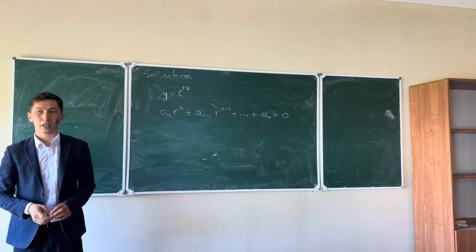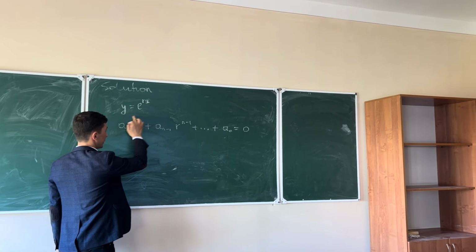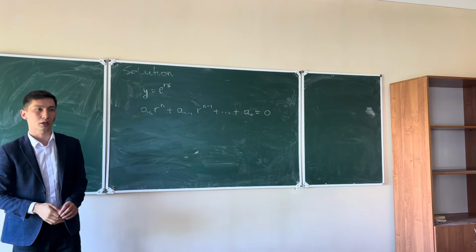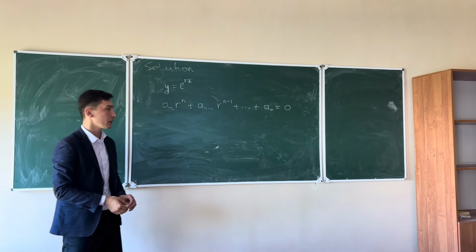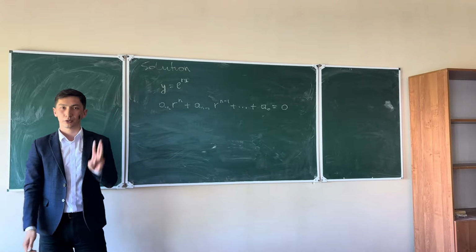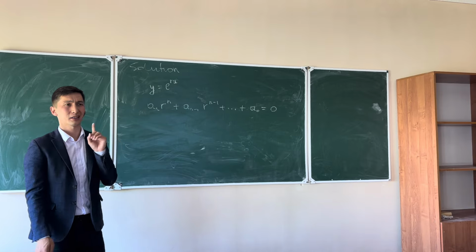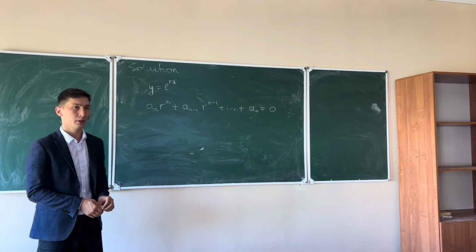And we can get the roots of this equation, which are r1, r2, and so on up to rn. And there are three cases. In case number 1, we have distinct real roots.